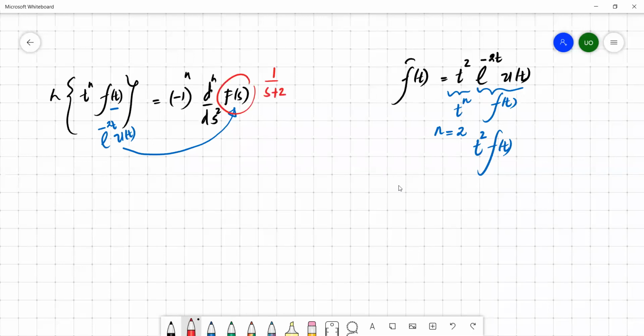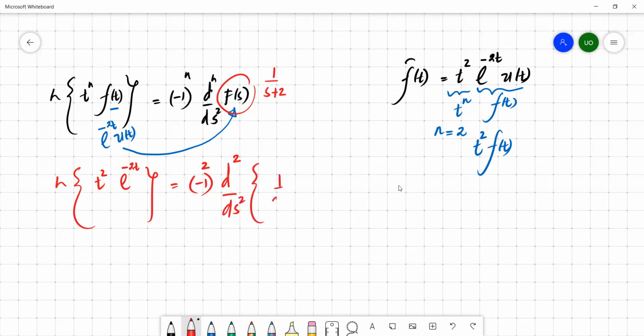Then you can easily get the Laplace transform of t squared e to the power minus 2t, which is minus 1 to the power 2, since n becomes 2, times the second derivative of F(s) equal to 1 over s plus 2.